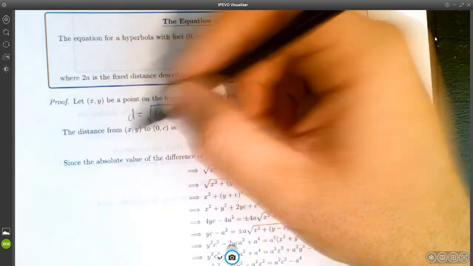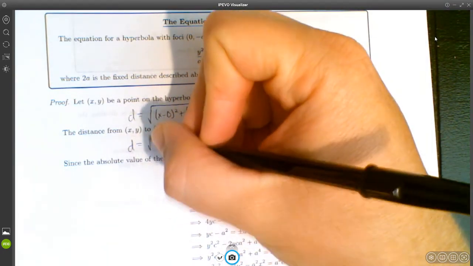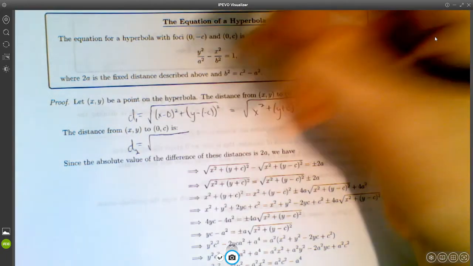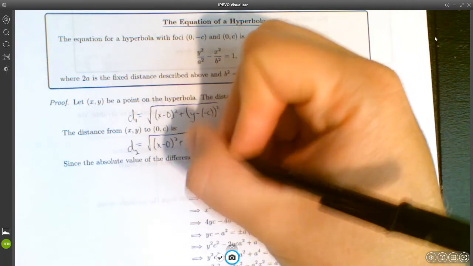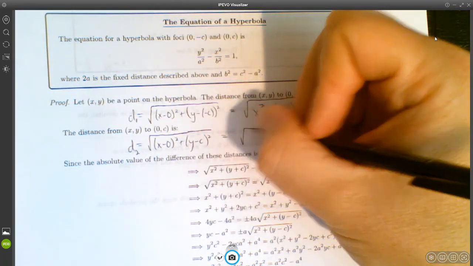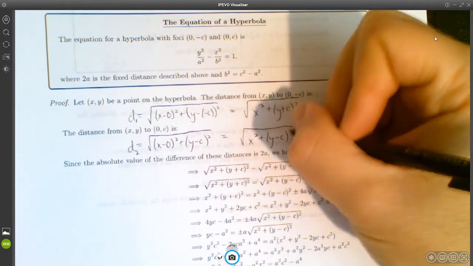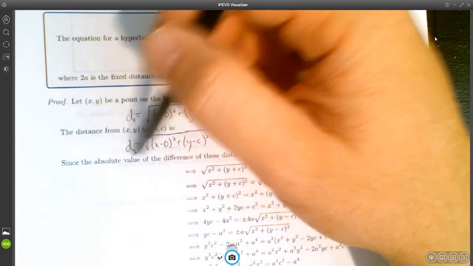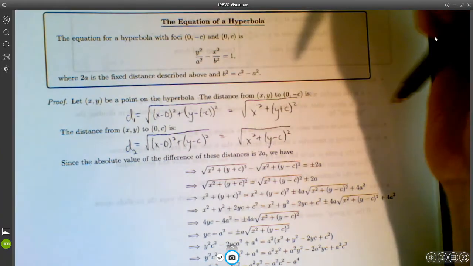The distance from (x, y) to (0, c), maybe I'll call these d1 and d2, is x minus 0 squared plus y minus c squared. So in other words, it's the square root of x squared plus (y minus c) squared. Now, the absolute value of the difference of these two distances is 2a.